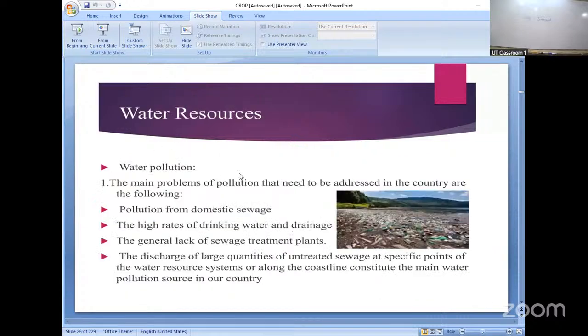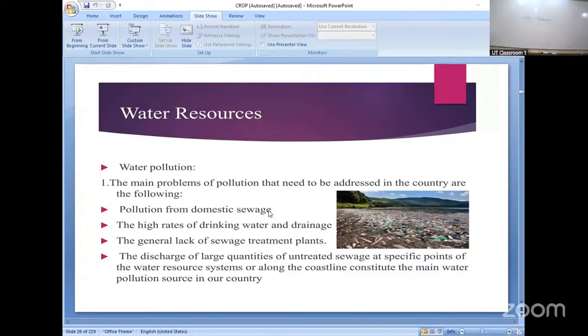Now, water resources. Water is the universal solvent, right? And water is very important, right? But nowadays, water is being polluted, right? So they cause many problems. Okay.